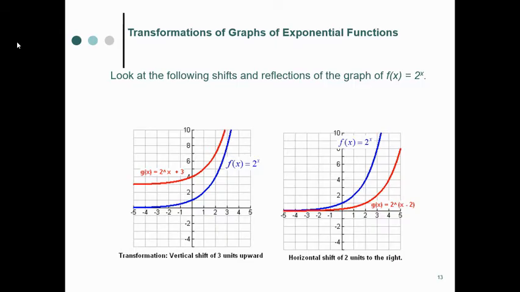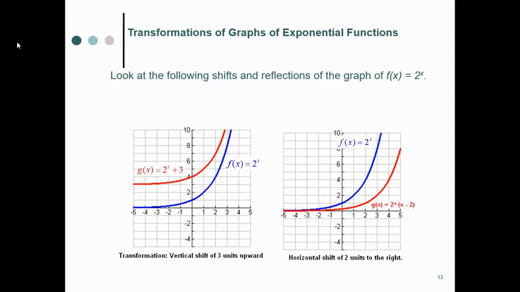All right, what else can happen with exponential functions? They can be transformed. So in the first one, we have the blue, which is your base 2 to an exponent, which you can see is the standard base.